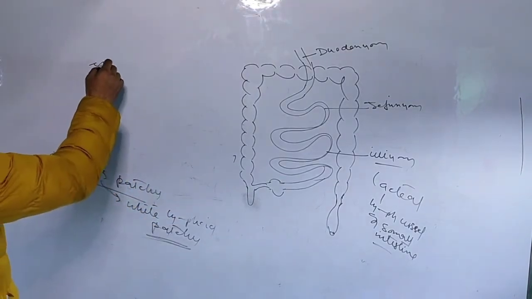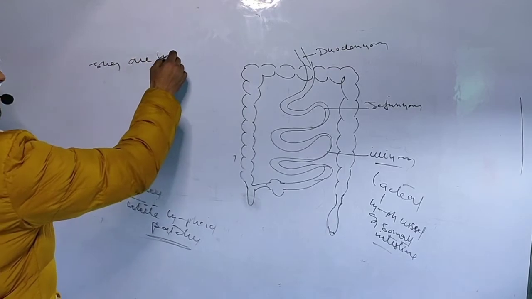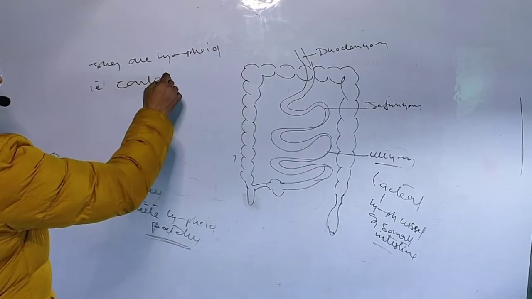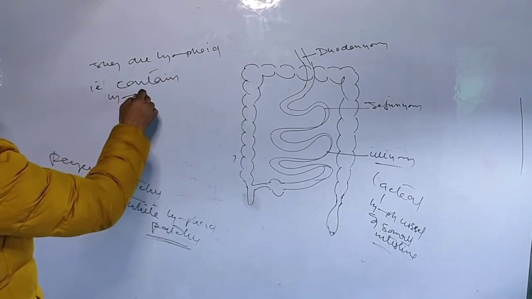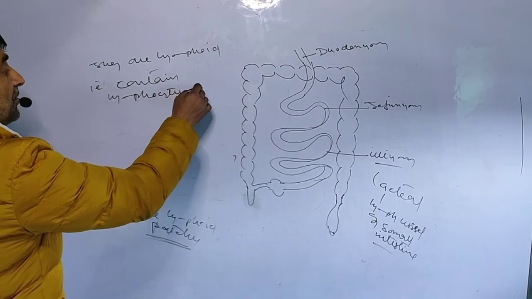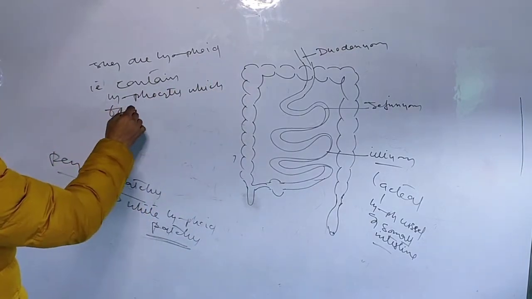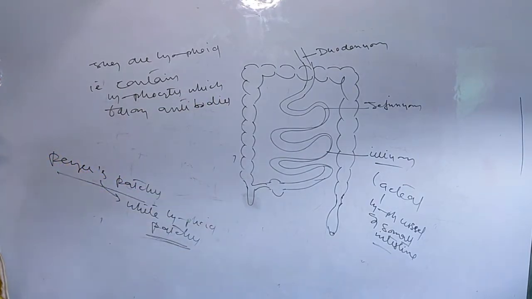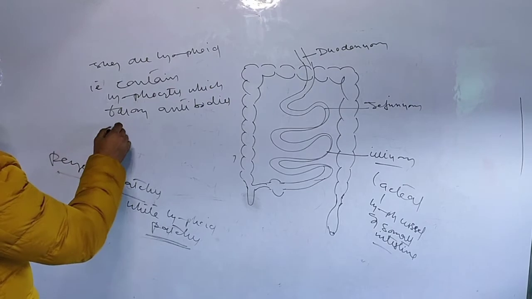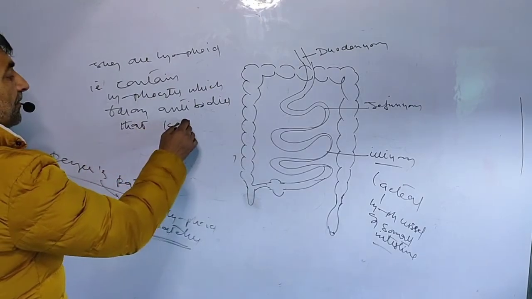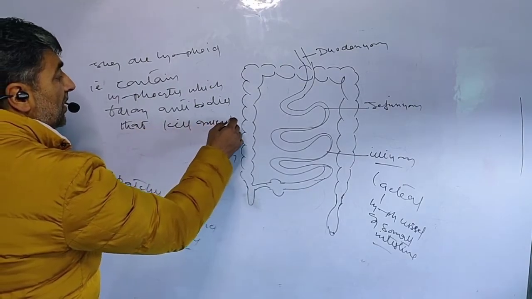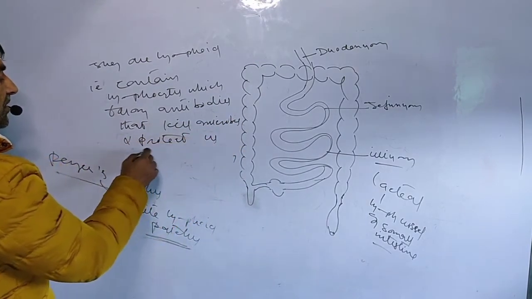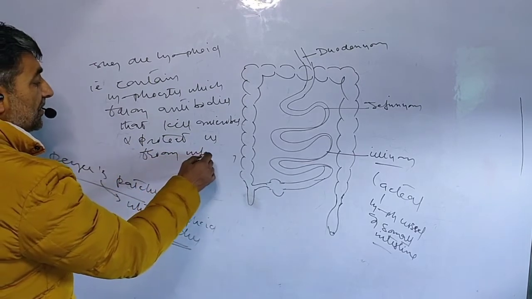Peyer's patches are lymphoid, that is, they contain lymphocytes which form antibodies. Antibodies are proteins formed by these lymphocytes that kill microbes and protect us from infection.